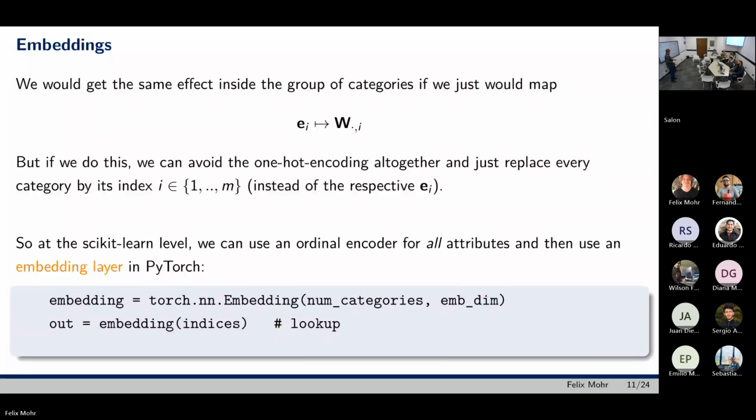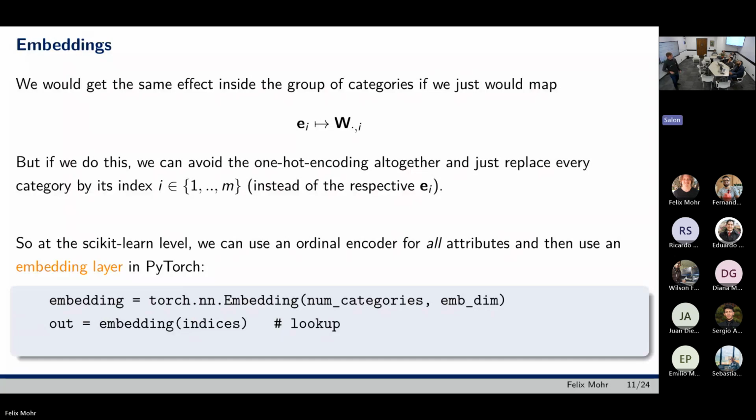Now what would happen if you say I have 1,000 categories and an embedding dimension of 1,000? Then you save yourself from having to do a one-hot encoding before. You don't have these 1,000 columns, but now you create these 1,000 columns here with your embedding. So what's the game?